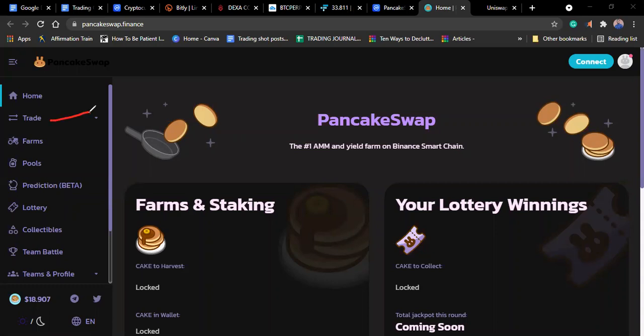When you come here, it shows you the different things you can do. You can trade, you can farm, you can pool, and they are adding these other ones later. These are new, but the ones people do the most are trade, pool, and farm. Farm, we'll explain it later, but farm is like a fixed deposit in your bank.